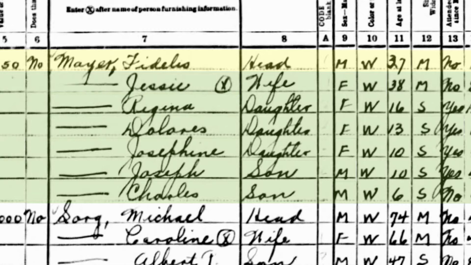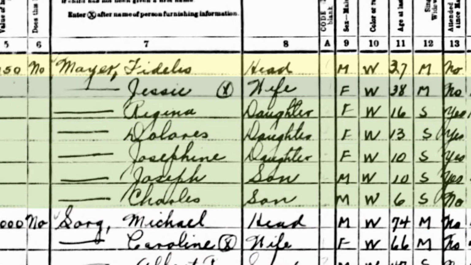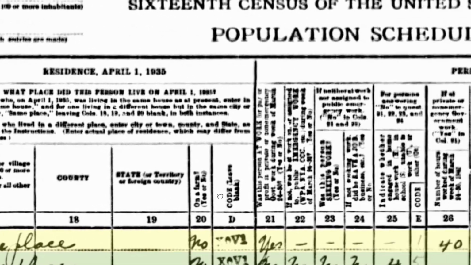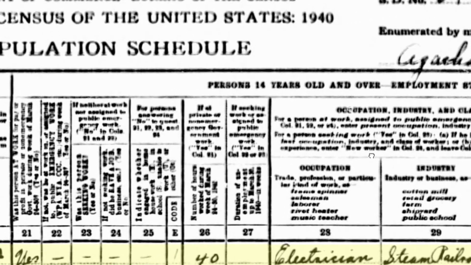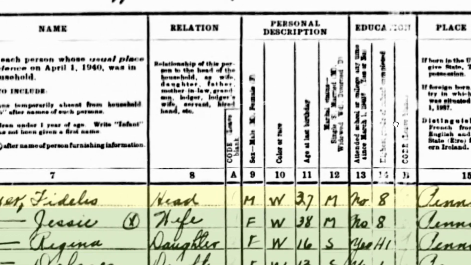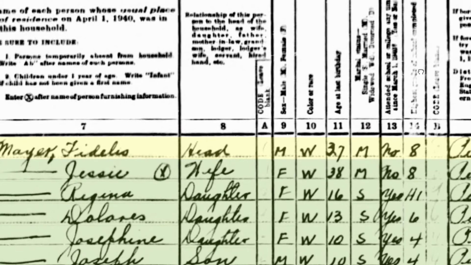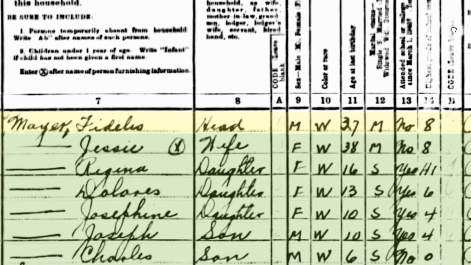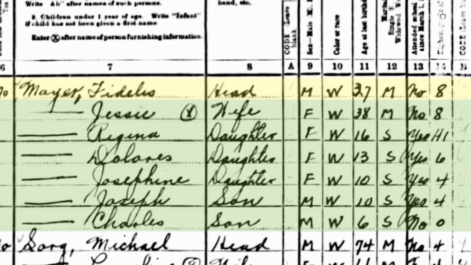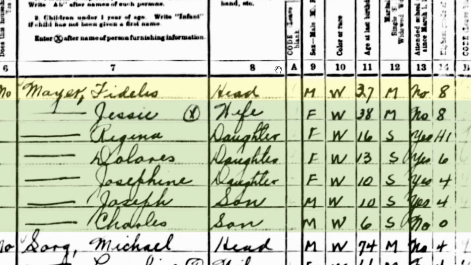And once again, if there was a child born since April 1st, 1940, we can take a look again and see that this enumeration took place on April 22nd, 1940. So if there had been a child born between April 1st and April 22nd of 1940, even though they are alive and living in that household, they will not be listed in this census.